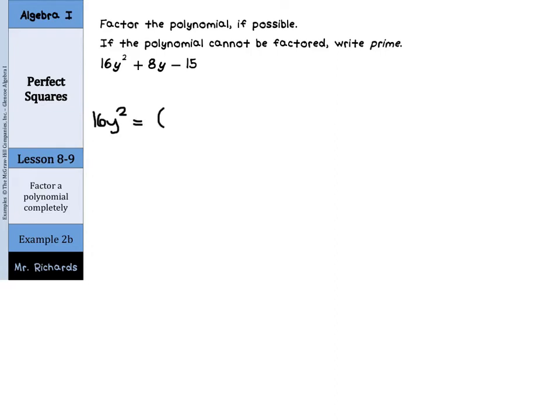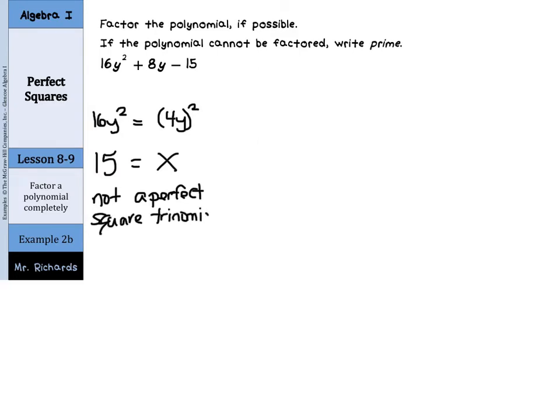Well, yes, that is 4y squared. What about the 15? Well, I can't do anything there. It's not a perfect square, so it is not a perfect square trinomial. So that method is out.